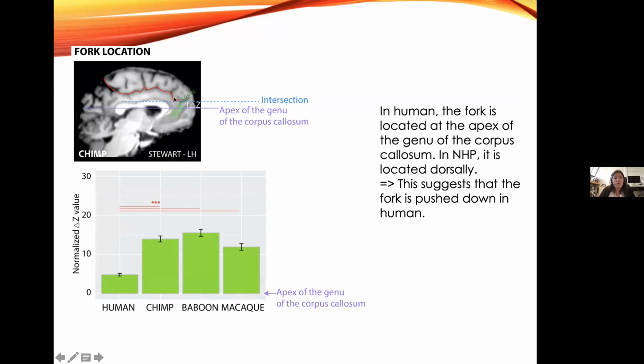And if we look at where this fork is located, it is almost at the level of the apex of the genu of the corpus callosum in human, and it's more dorsal in all other primate brains.